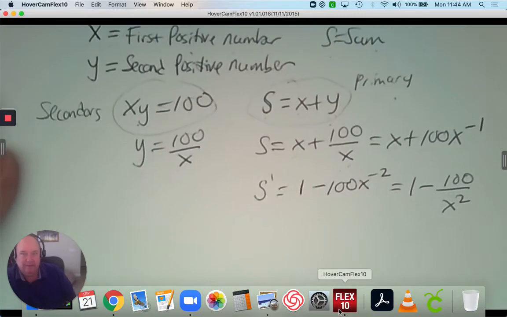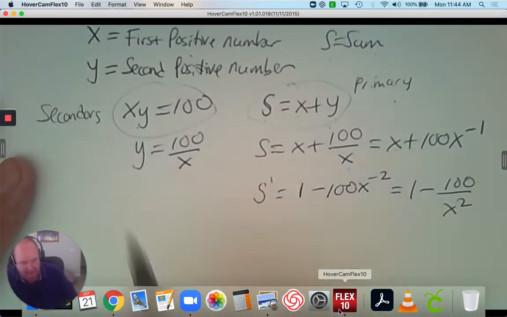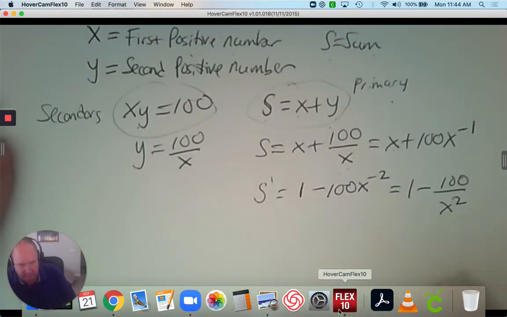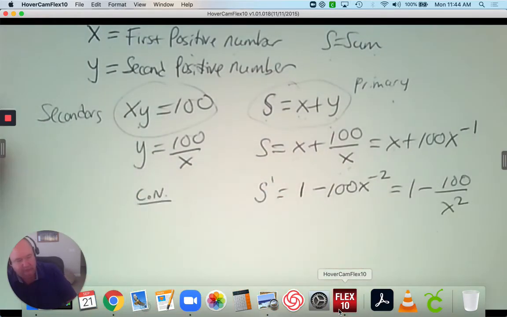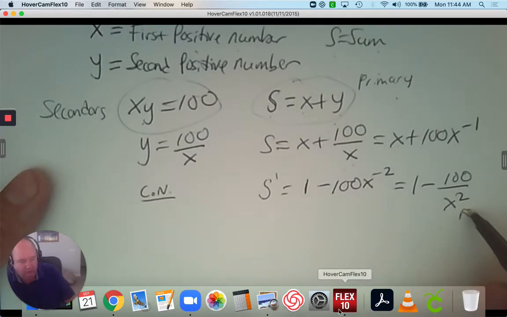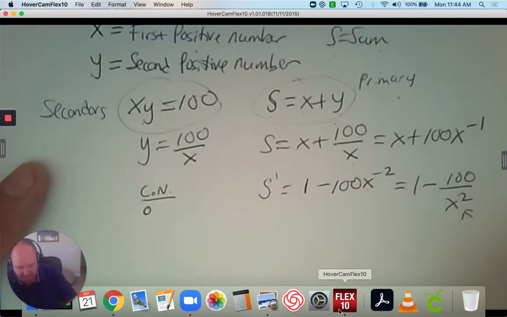Because I'm finding the absolute maximum or minimum numbers here, I need to do a little table based on critical numbers. First of all, what x value makes that undefined? So one critical number is 0 for x.